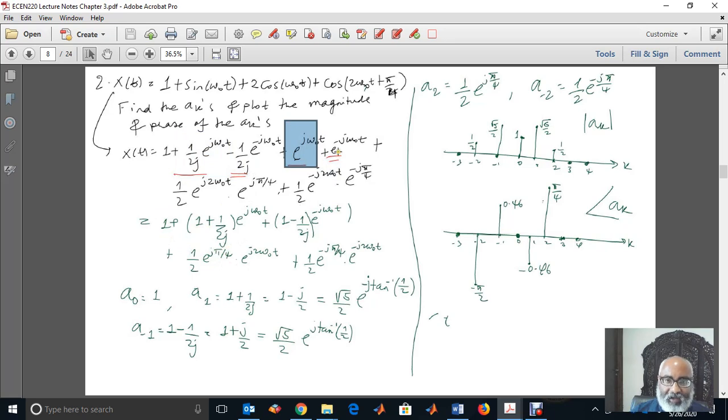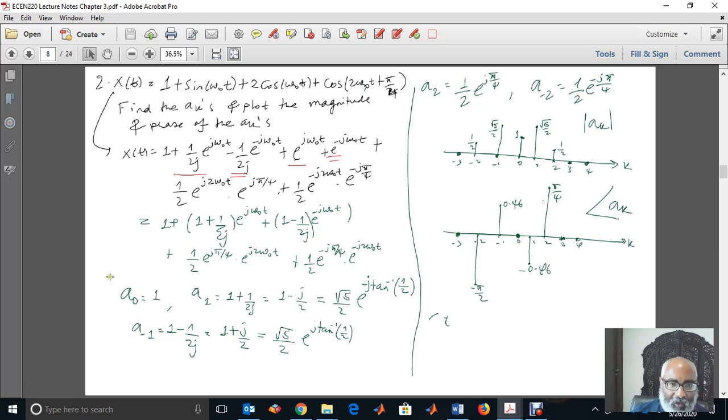Okay, the e raised to minus j omega naught t part, I have 1 here as coefficient, and I have negative 1 over 2j. So this is 1 minus 1 over 2j e raised to minus j omega naught t. And this part is no need for combination. So I have these two terms again.